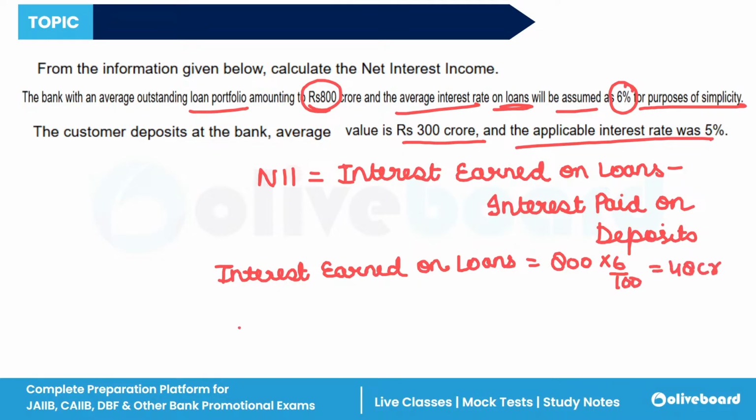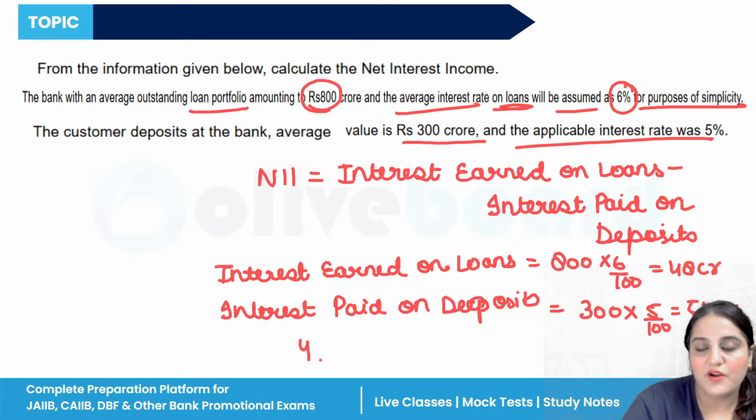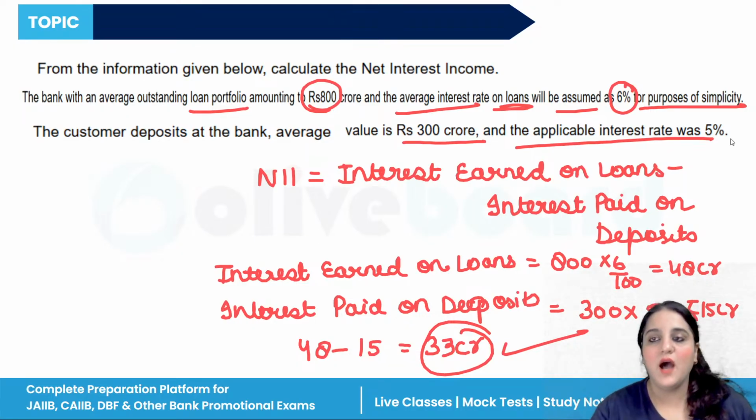And interest paid on deposits is 300 multiplied by 5%, which is equal to rupees 15 crore. So apply the values in the formula. 48 crore minus 15 crore, 33 crore is the answer. Rupees 33 crore is the answer.